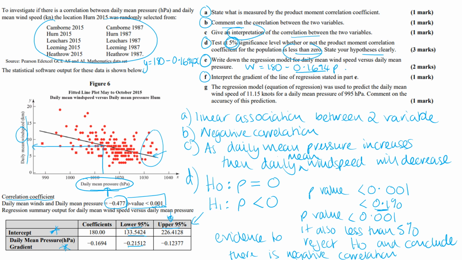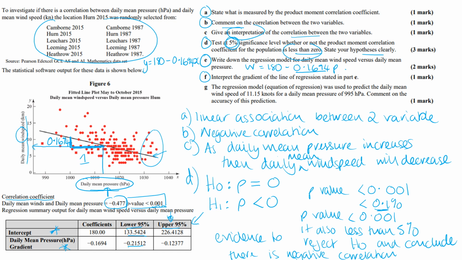F, interpret the gradient of the line. Well, the gradient of the line we know is 0.1694, but what does that mean? If I draw a little triangle gradient, it means for every 0.1694 decrease in wind speed, then the daily mean pressure will increase by 1.